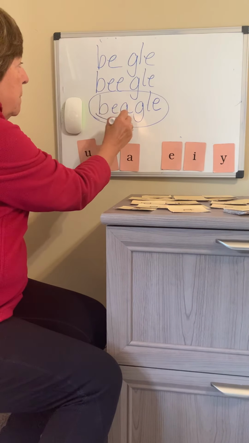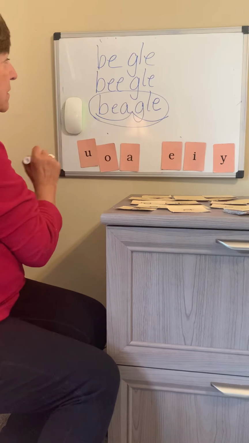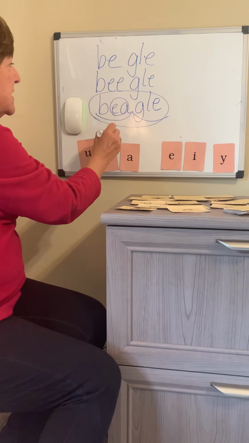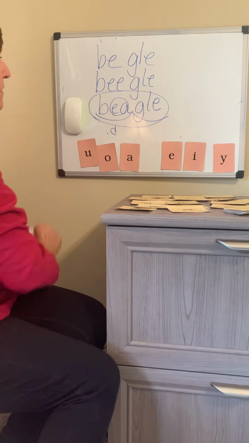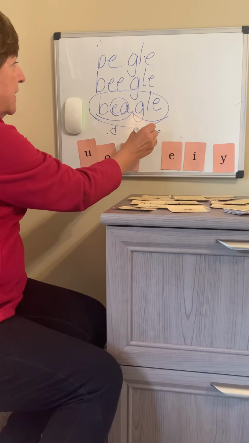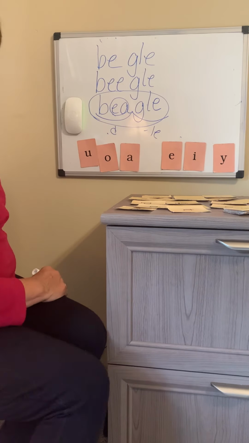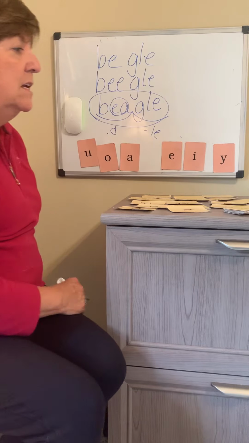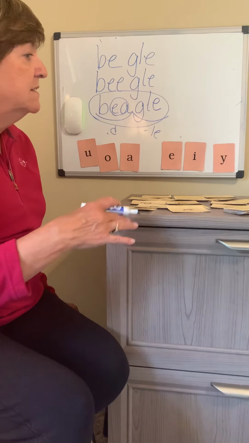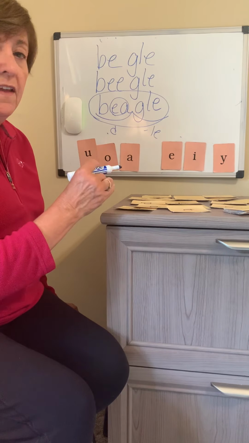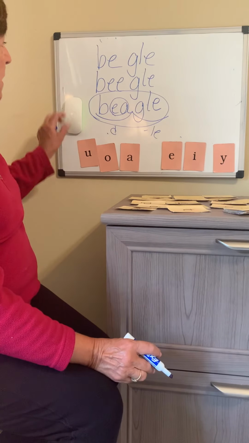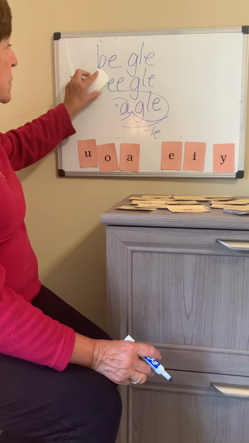I would scoop it B-gull. This is a D syllable. And my consonant LE. Oh, lots of marks on that. Beagle. So you can combine different kinds of syllables with this syllable to make two-syllable words.